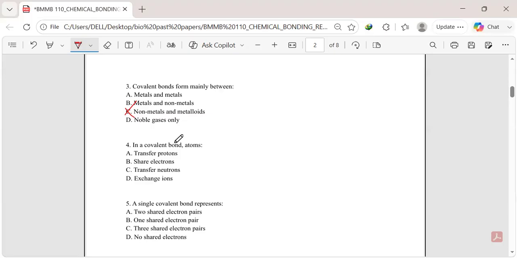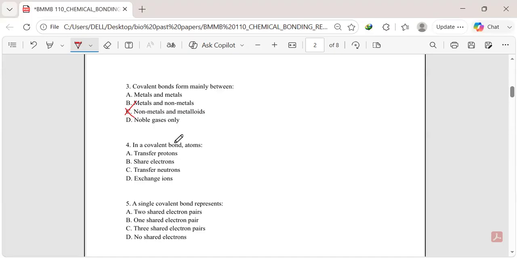Okay, so question 4. In a covalent bond, atoms, is it A, transfer protons, B, share electrons, C, transfer neutrons, D, exchange ions? So you find that in a covalent bond, there is sharing of electrons. From the prefix co, you will see that it means togetherness, coming together.